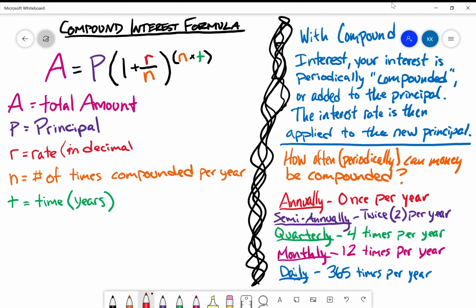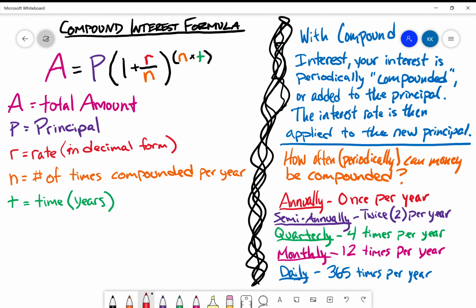Don't forget about that. So we still need to take that percentage and divide it by 100. The n is a new variable for us. It stands for the number of times your interest is compounded per year, which each scenario will tell you. And then the time is, like before, the amount of time in years.